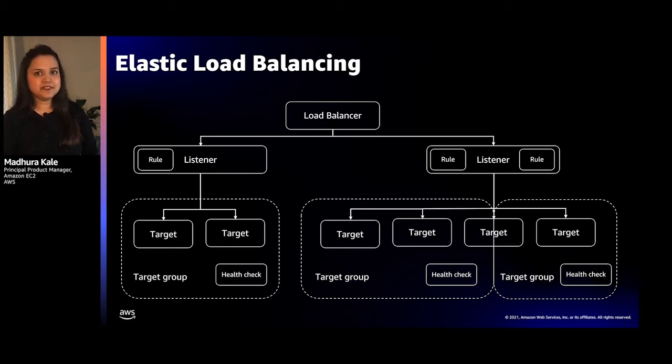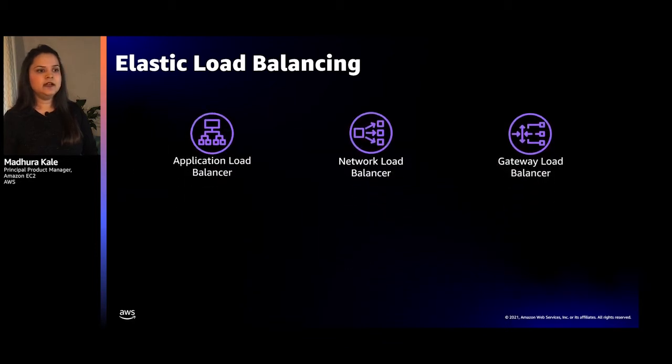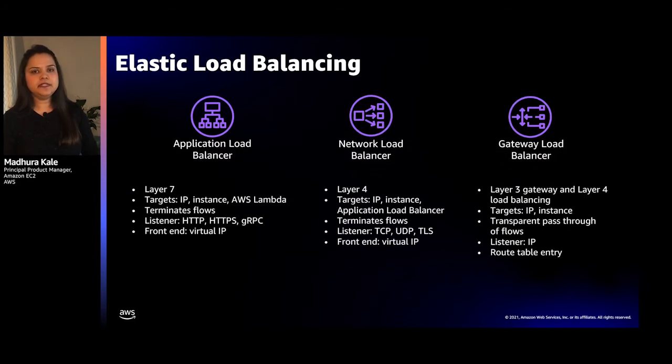So what are the differences between these load balancers then? Let's take a look. I'm not going to read through all of these, but on a high level, they operate at different layers, where application operates at layer 7, network load balancer operates at layer 4. The gateway load balancer is a layer 3 gateway and does layer 4 load balancing. They all have the same types of targets, whether it's instances or IP addresses.